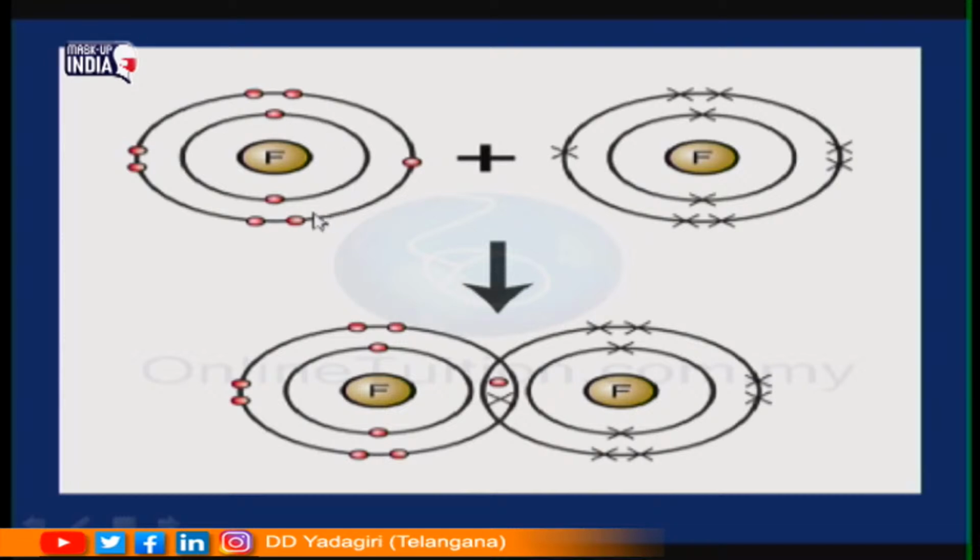So, in the first shell, in a fluorine atom you can see 2 electrons and in the valence shell you can see 7 electrons. So, when two fluorine atoms come closer, according to the Lewis structure, children, you have to remember that one fluorine atom has to be represented in the form of dots and another fluorine atom has to be represented in the form of crosses, and thus they share a pair of electrons and they form a fluorine molecule.